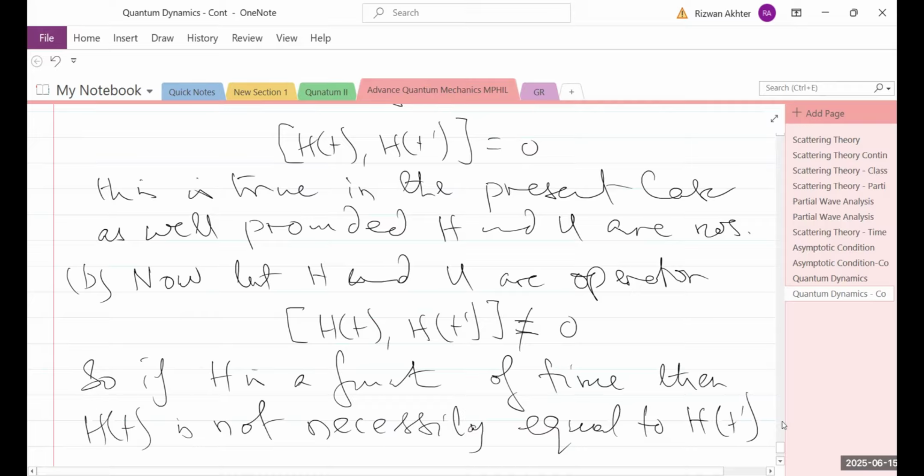And if they are not necessarily equal, there has to be some special case where h of t does not commute with itself at different times.